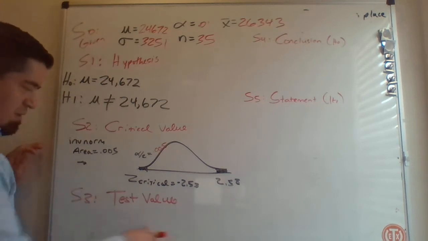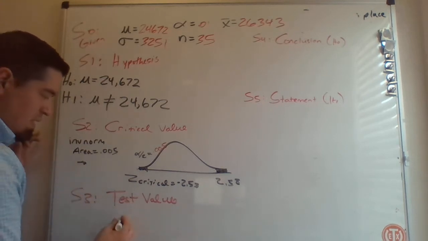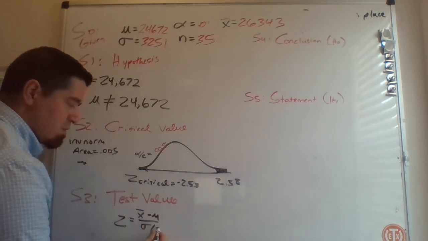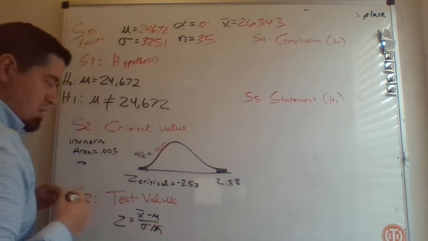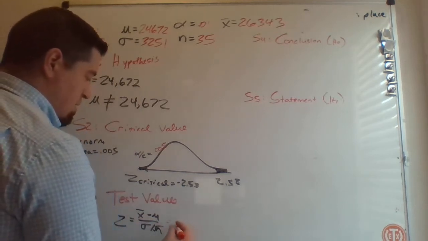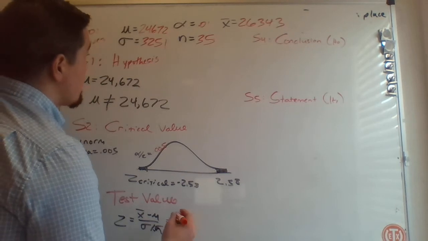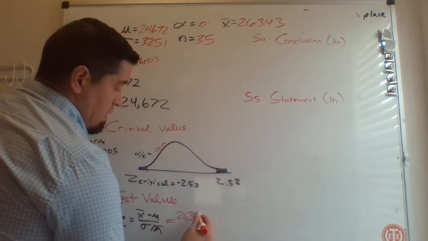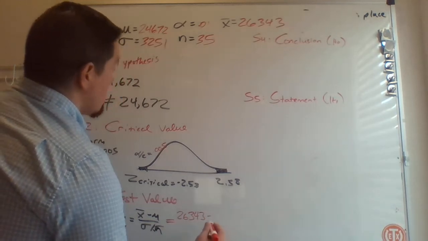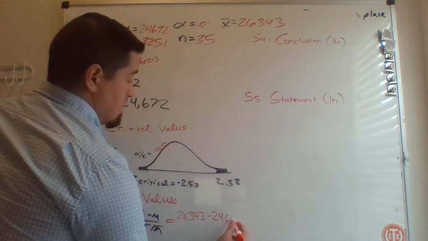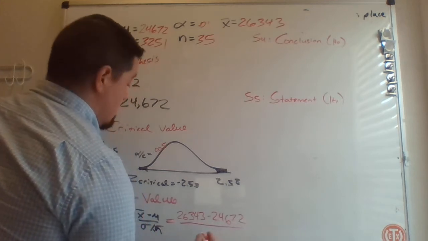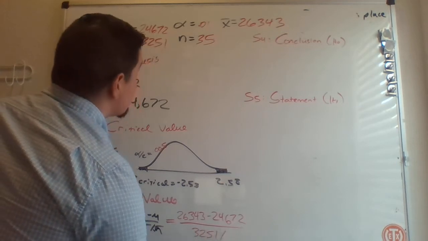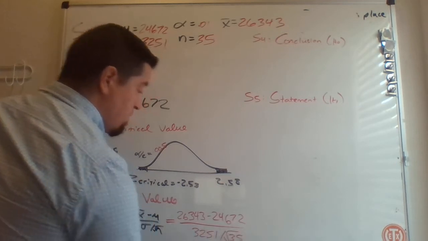The test value is going to be the same. It'll be z equals x bar minus mu divided by the standard deviation over the square root of n. So you just plug in stuff. Calculate: x bar 26,343 minus mu 24,672, over population standard deviation 3,251 divided by the square root of 35.